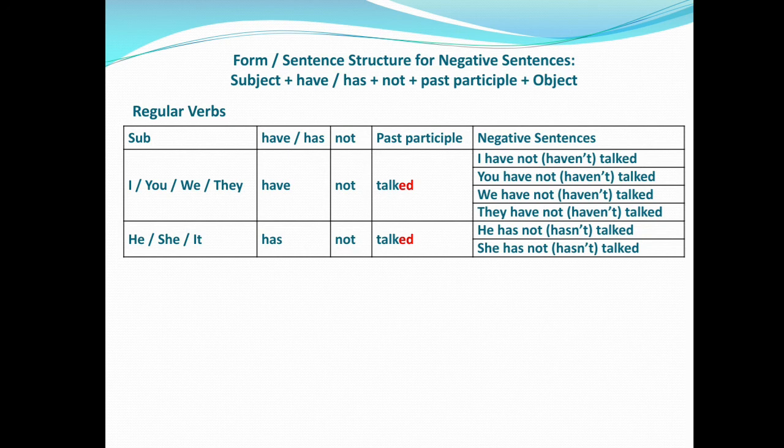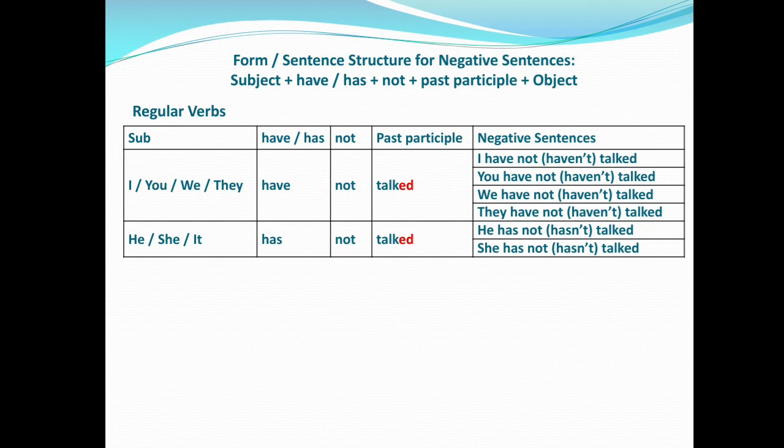Okay. So, you get haven't. Now, they are called contractions, and whenever possible you use contraction. Even if you use have and not separately, that is all right, it is not wrong, but if possible use contraction. So, have not becomes haven't. Okay. So, I have not talked, you have not talked, we have not talked, they have not talked.